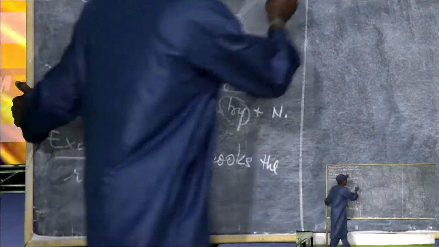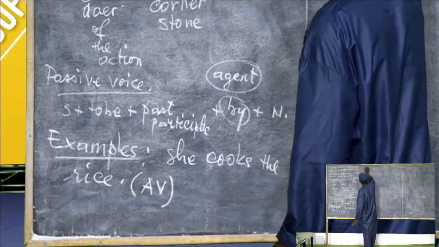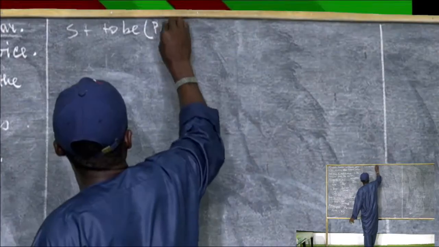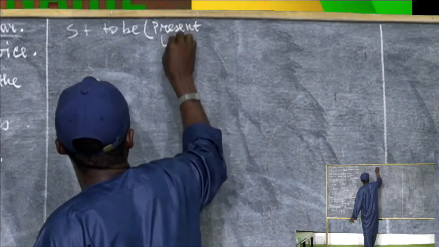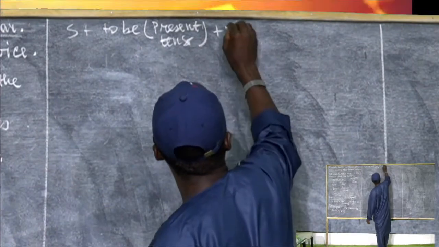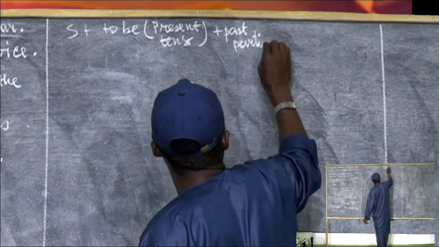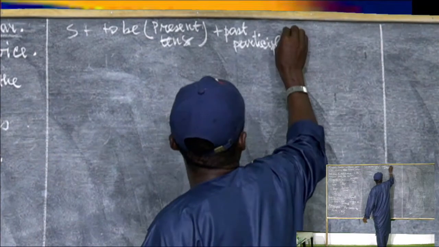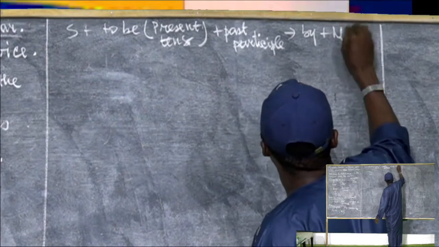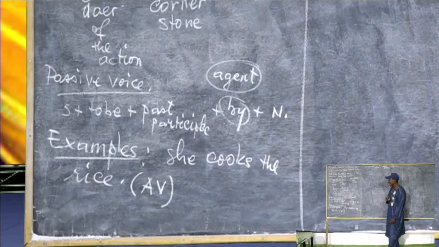Now, to give the passive voice of this sentence, you have another structure: subject plus to be, conjugated to the simple present tense, and then the past participle of the verb, plus the agent by plus noun.